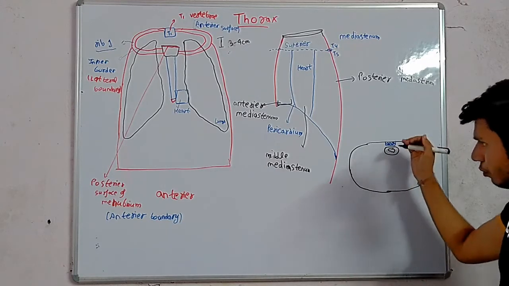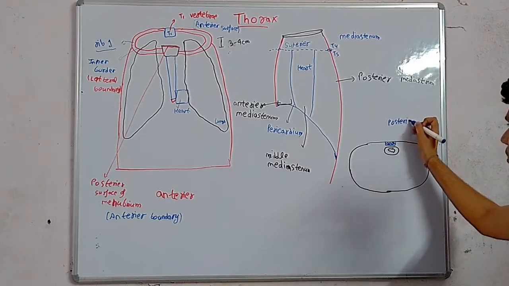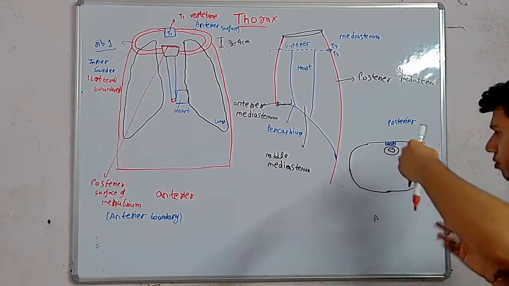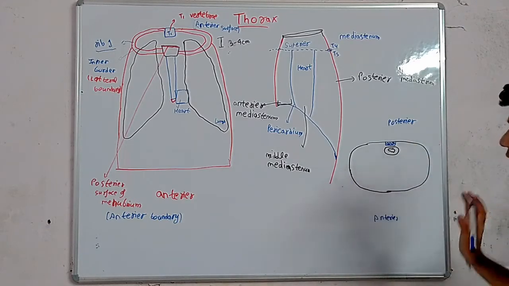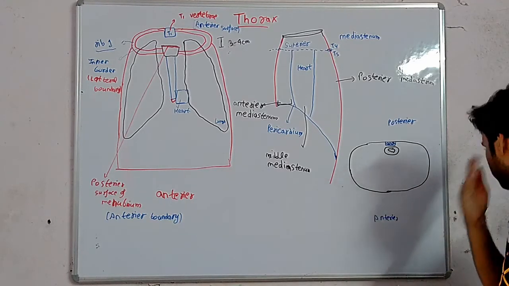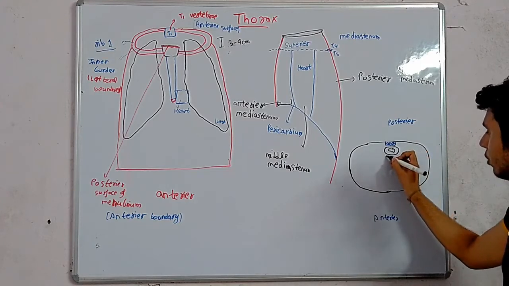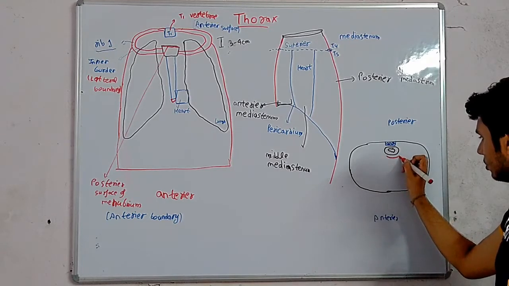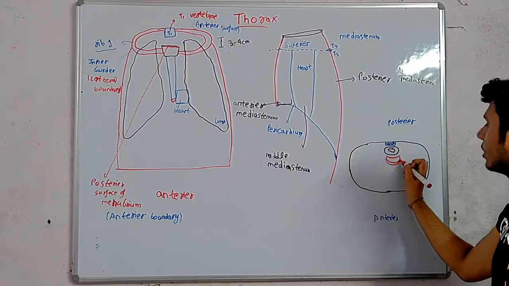We are taking superior section from above, and this is anterior, this is posterior. In front of esophagus we know a trachea is found, which has cartilaginous rings.